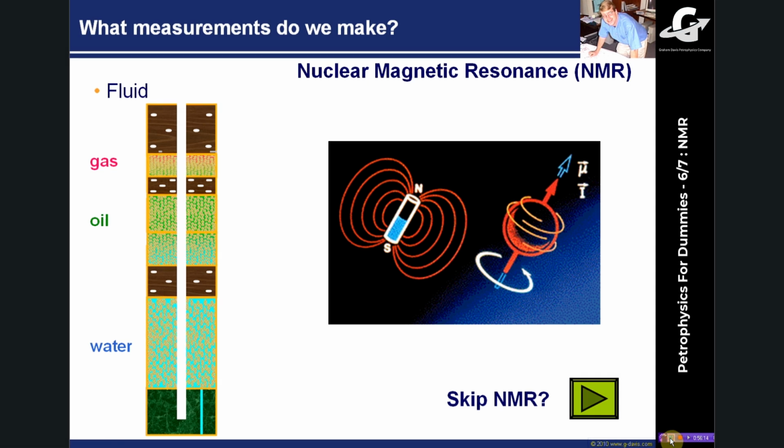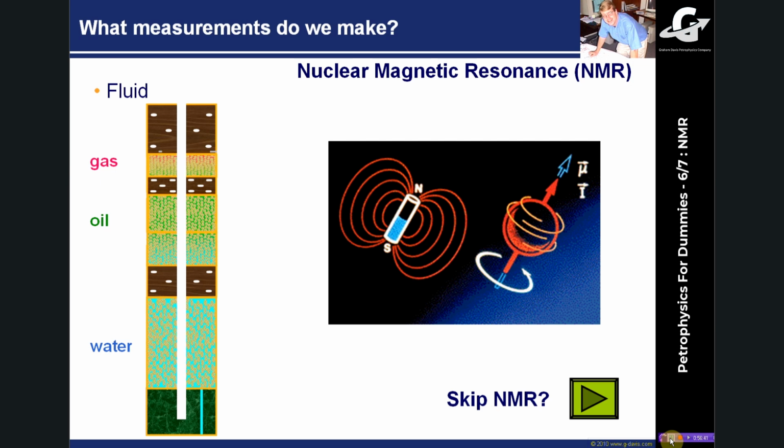There are a number of different pieces of information that we can get from nuclear magnetic resonance tools, and it's one of the more complicated measurements that we make. But underneath it all, there are some pretty simple and straightforward principles that I'd like to try and get across to you now. At the heart of hydrogen atoms, we have protons in the hydrogen nucleus, and these behave like little bar magnets.